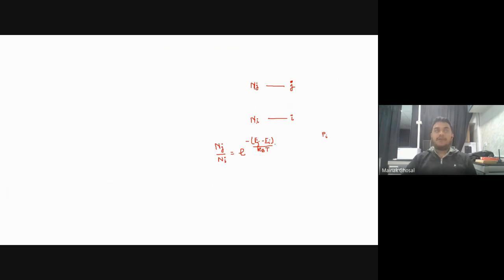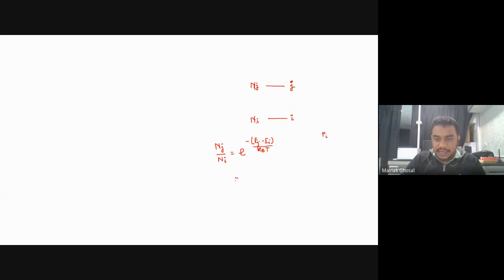Now, the probability of a transition depends upon the population. So, relating this probability with population, this relation was derived: Nj by Ni is e to the power minus (Ej minus Ei) by kBT.